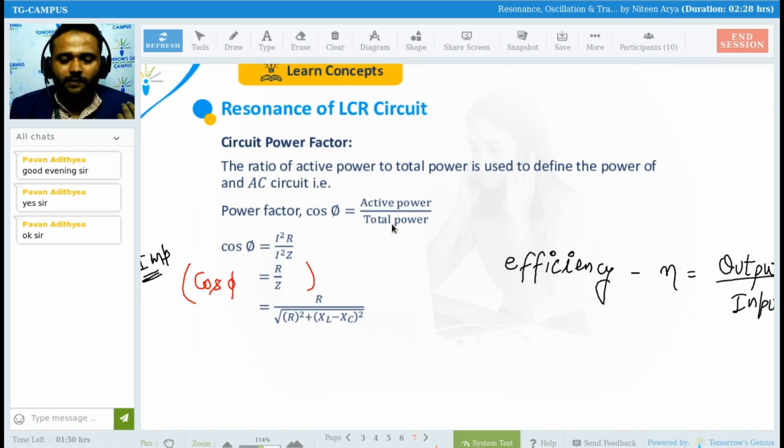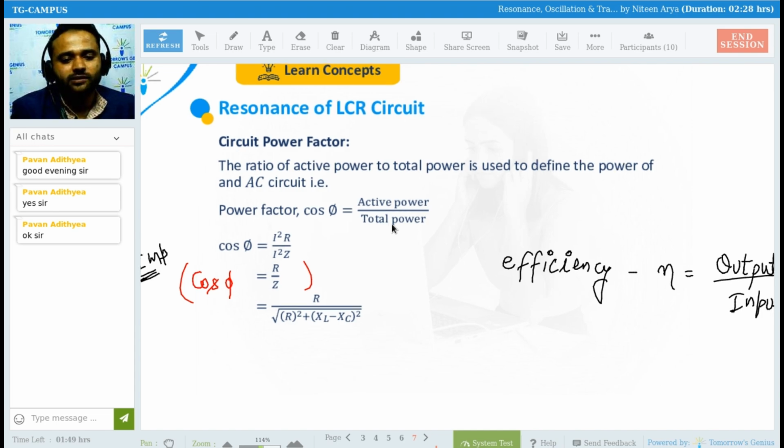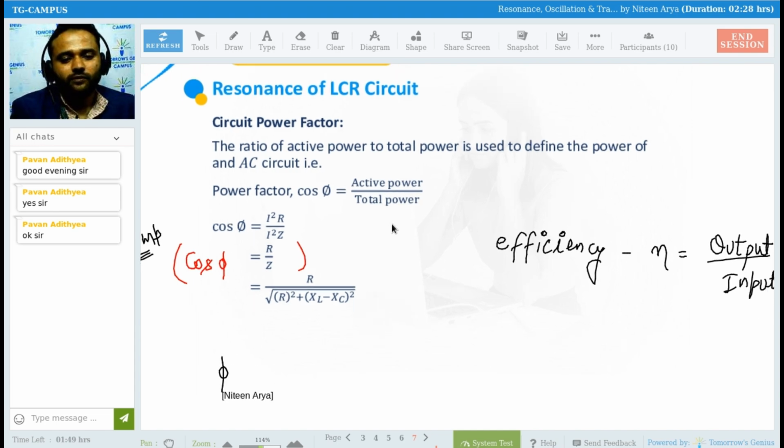Okay. Efficiency can be at most 1 or less than 1. Here, in the same case, the power factor is also going to be at most 1 or less than 1, because the cos phi value is going to be at most 1. Cos phi is going to be R by Z, and Z equals R at resonance.